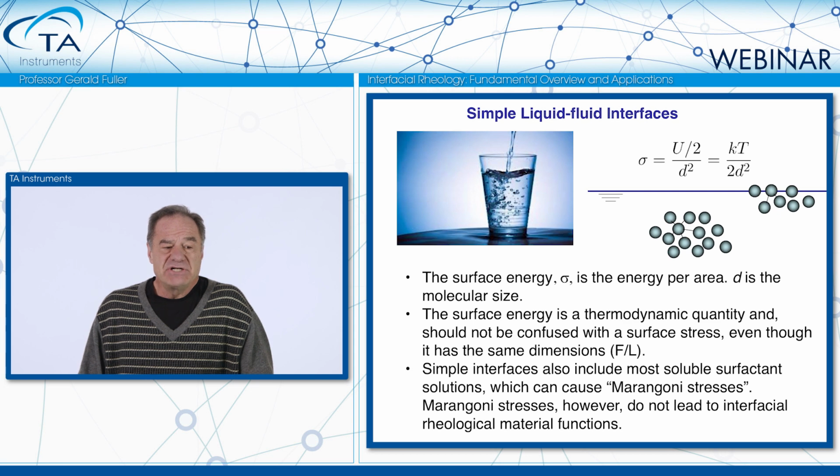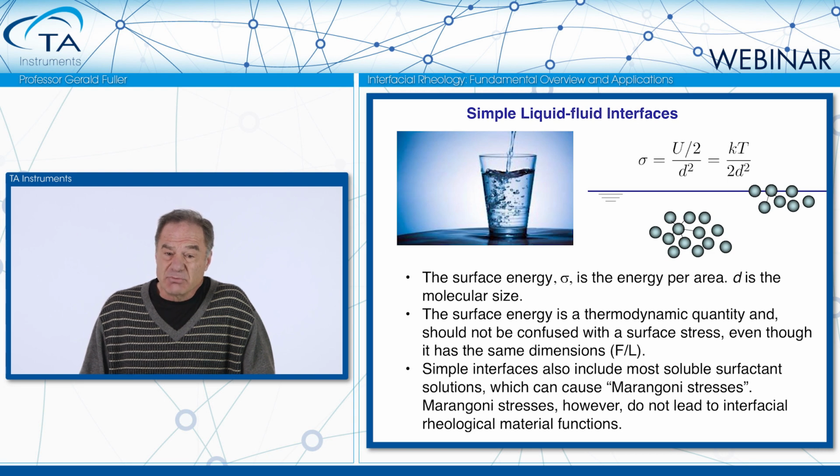And if we imagine that those interactions have an energy of kT, this thermal energy, we can estimate the energy per area by simply dividing by the mean area. So if the molecule has a diameter of d, we'll just take d squared as the area. So that's a reasonable rough estimate, and it's quite accurate for nonpolar simple hydrocarbons.